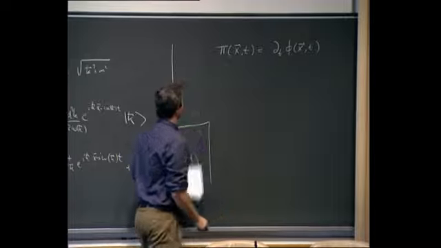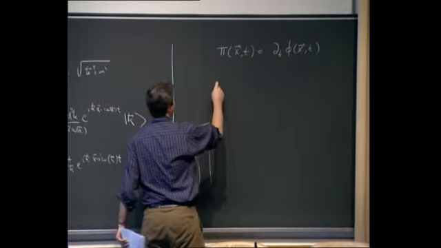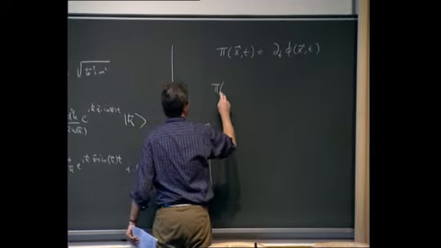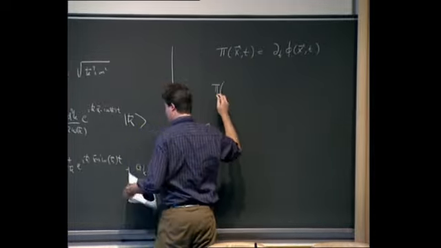The reason why I call it pi is because the commutation relations between pi at the position y and t, and phi at the position x of t, is very much like the commutation relations between momentum and coordinates, in the sense that there's a delta function.